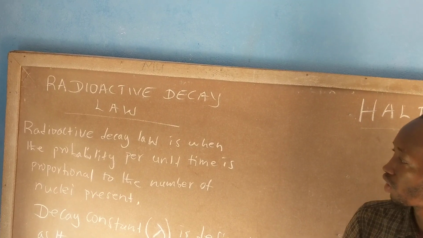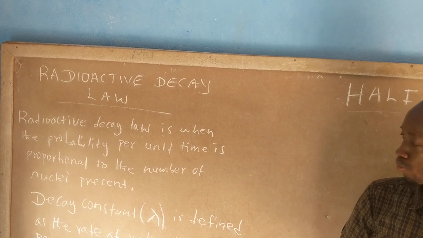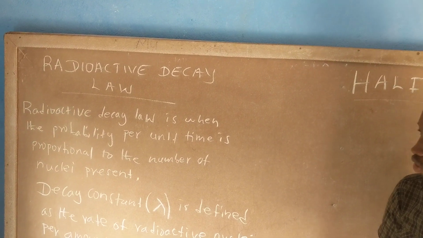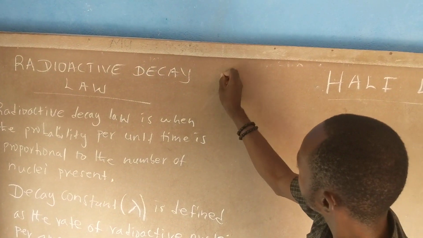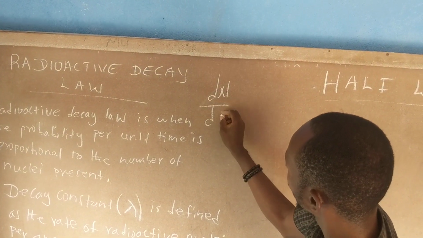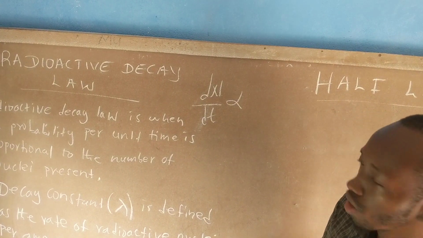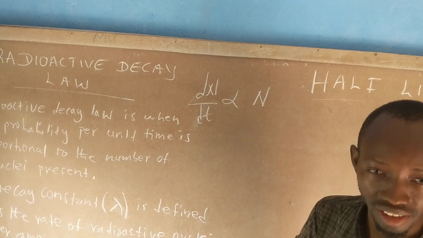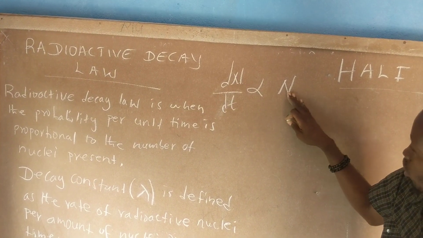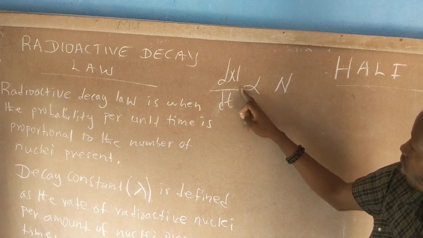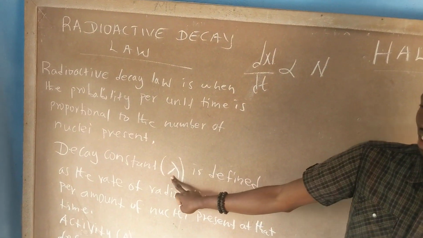In this case, we have the probability dN over dt being directly proportional to the number of nuclei present, N. If we remove this proportionality, we are going to have a constant, and that constant is what we call the decay constant.